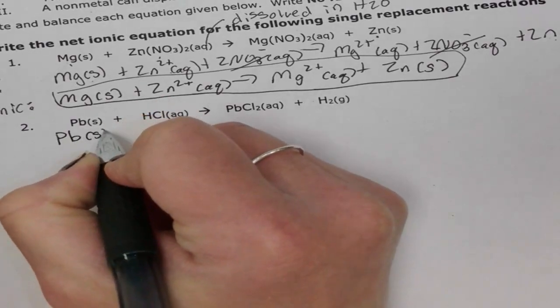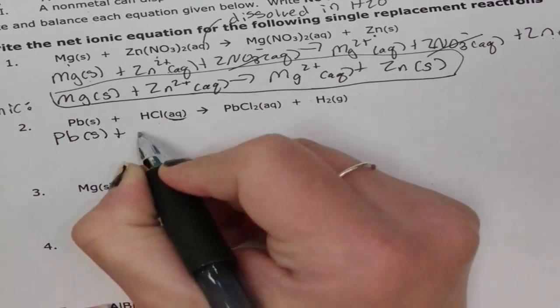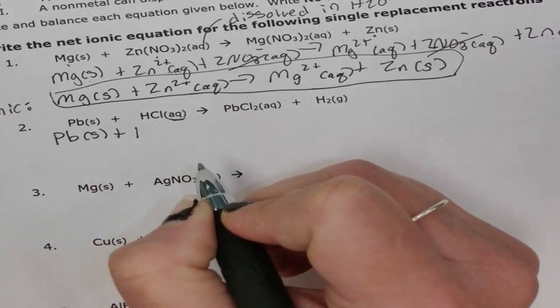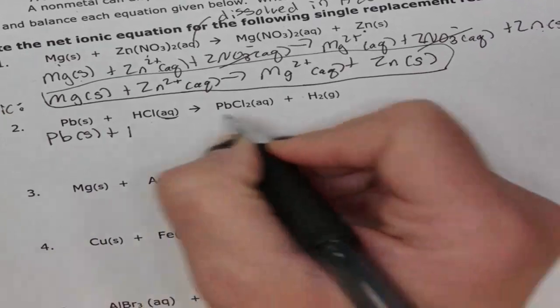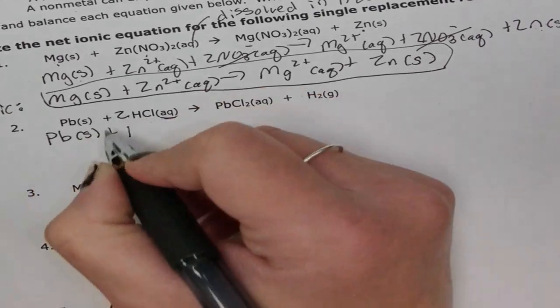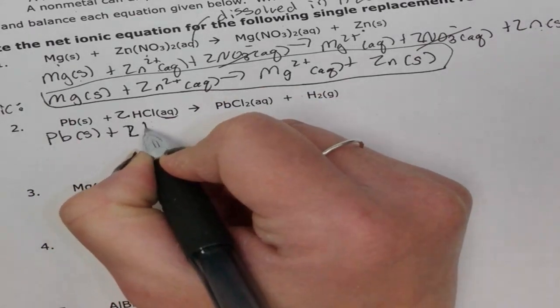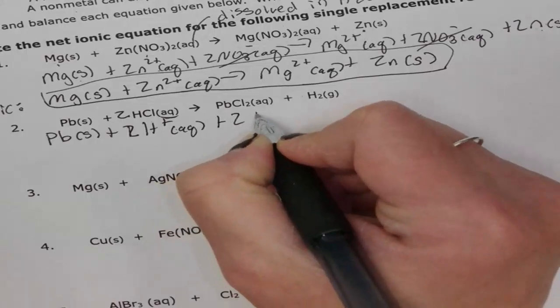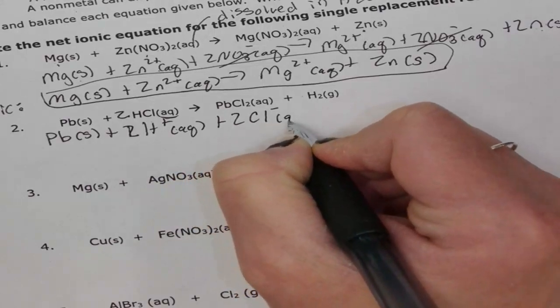Any solid, liquid, or gas we leave as is. We only break the aqueous apart. And I need to balance this equation, which I forgot. So let's put a 2 in front. So I have 2 hydrogen ions, 2 chloride ions.